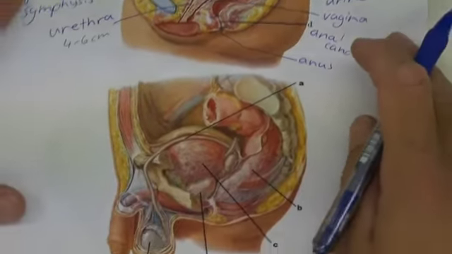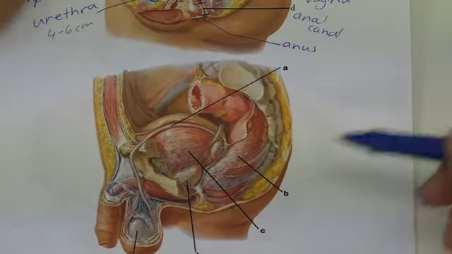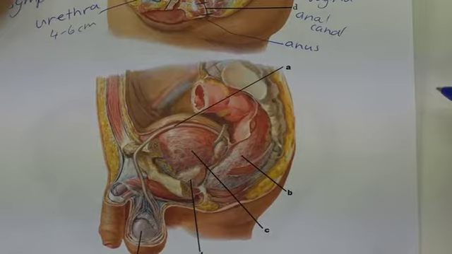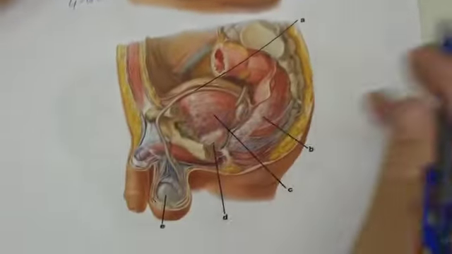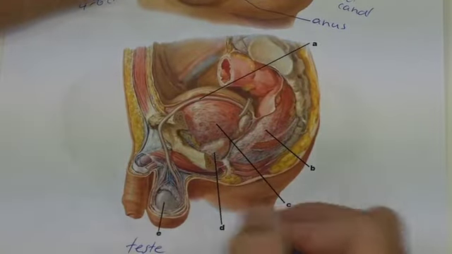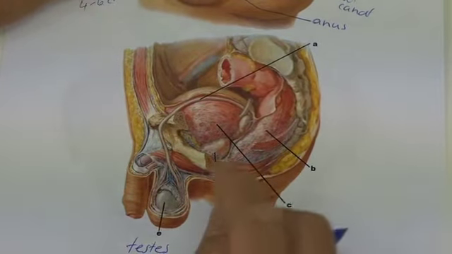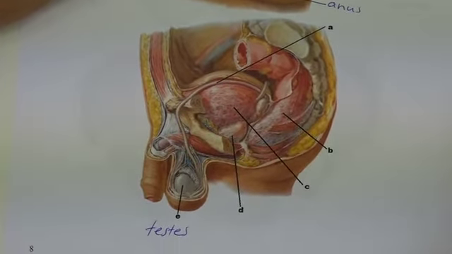If we have a look at the male now, we have similarities and differences. The ovary that we would have seen in the female is replaced by the testes in the male. The testes exist on the external aspect of the body rather than the internal aspect.